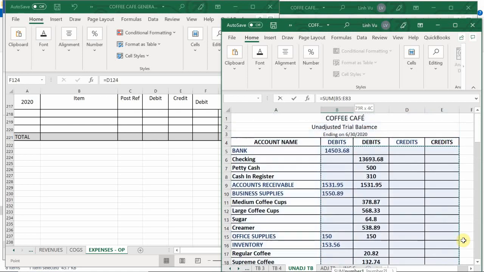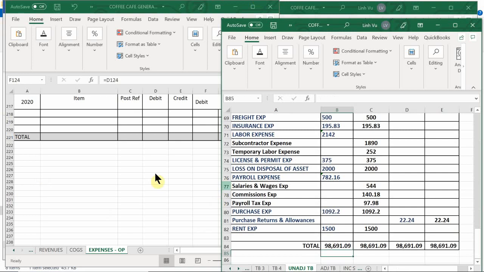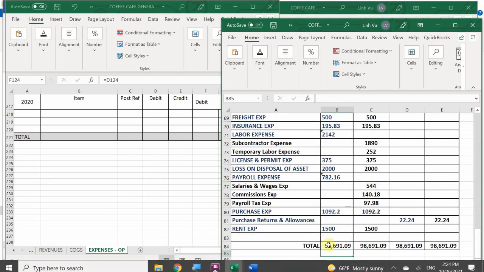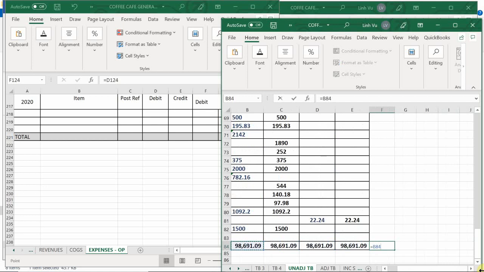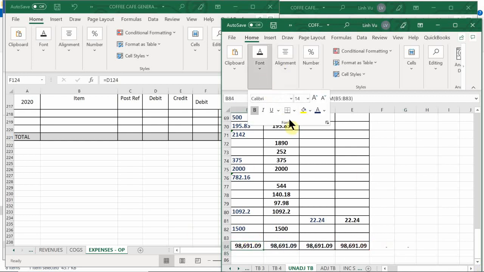Now we are going to measure up my total debits and credits. Here I have 98,691.09. Let's compare, right? The blue numbers minus this is going to equal 0, and my black numbers minus this is 0. So my blue numbers match, no discrepancies there.